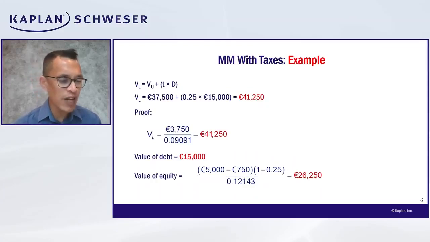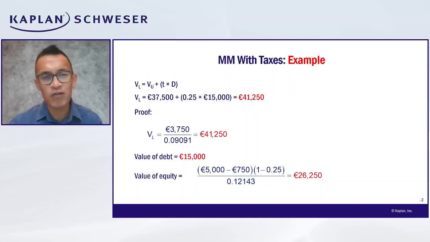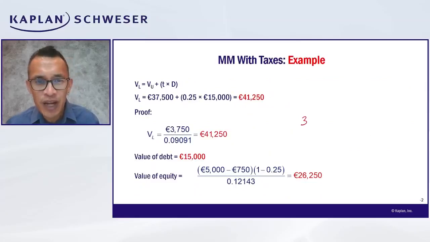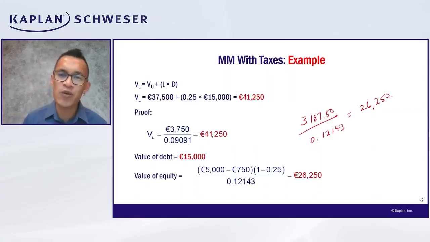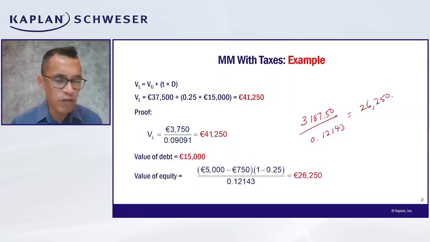That will give us 3187.50 as the after-tax cash flow to equity holders. Okay, and so let me just illustrate that to you. That's going to give you 3187.50, and if we use the cost of equity at 0.12143, that's going to give you 26,250. Okay, so that's another way of looking at it.